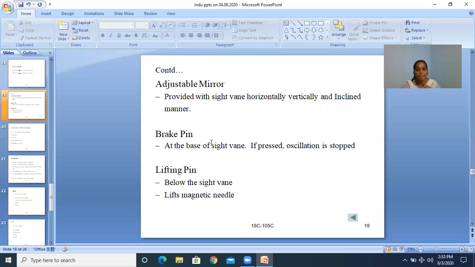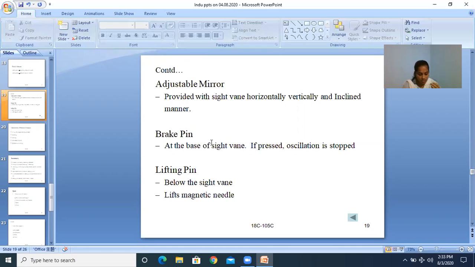So those are the parts of the compass. I can say the parts of the compass briefly. The first part is the circular box, the second part is the magnetic needle, and the third part is the graduated ring, which consists of graduations. The fourth part is the eye vane and object vane, dark glasses, lifting pin, brake pin.